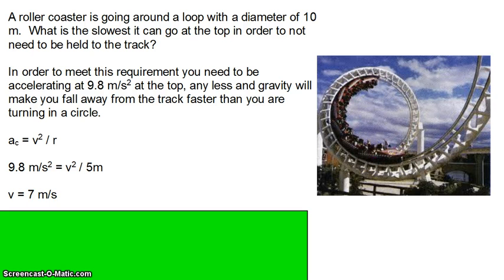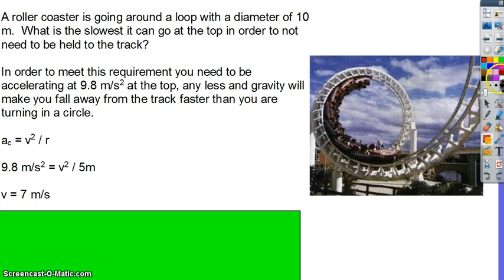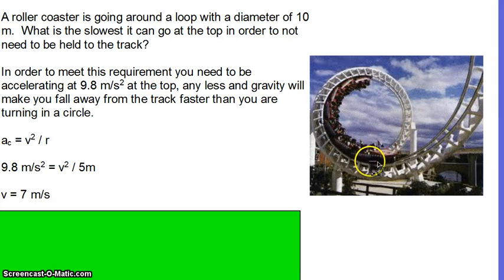now at the bottom, if you take a look at what's going on, you've got, let's make sure I'm still on an arrow, I believe I am. At the bottom of this, your weight is going down. Your normal force has to be twice as great as your weight. In this case, assuming you're going the same speed at the top as at the bottom, which of course you're not, you're going faster at the bottom than at the top, since you've accelerated on the way down.